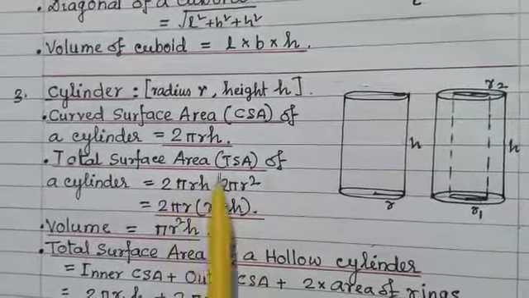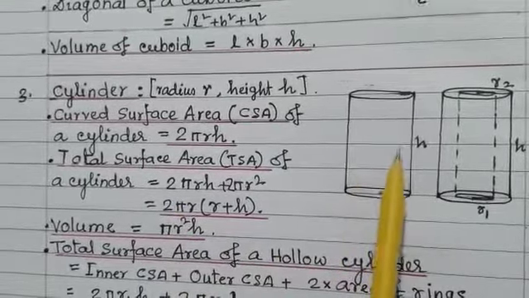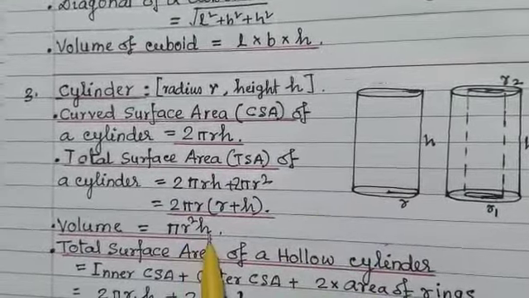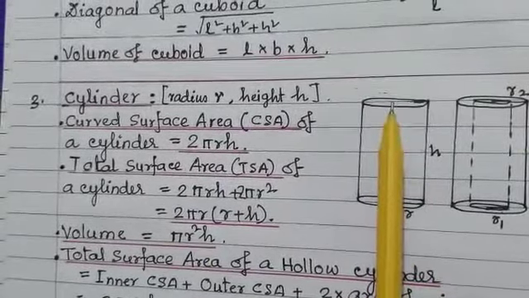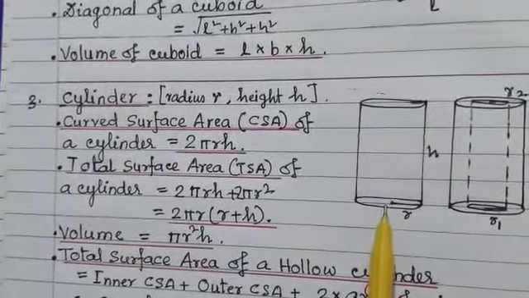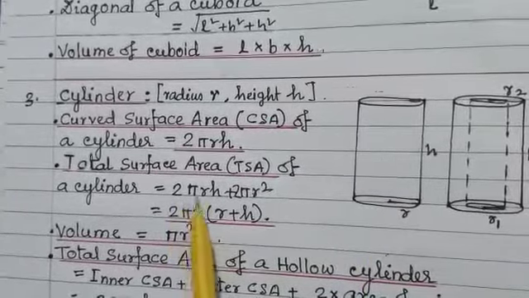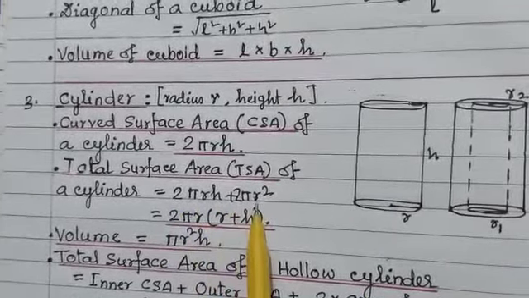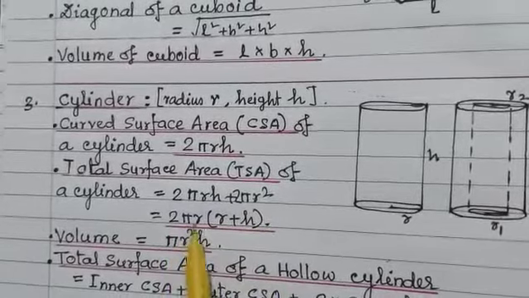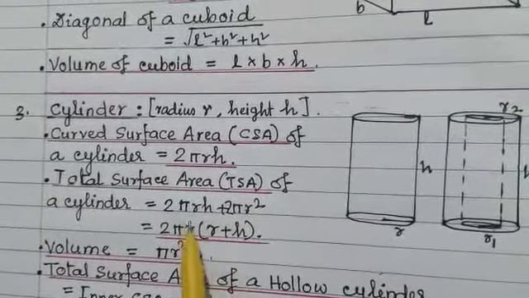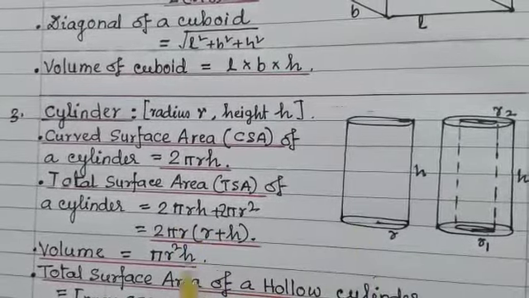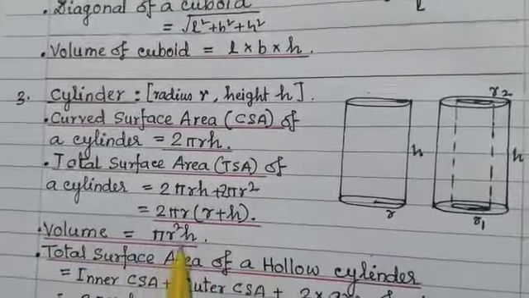Total surface area is curved surface area and area of top and bottom circular parts. So it is 2 pi rh plus 2 pi r square. If you take 2 pi r common, it is 2 pi r into r plus h. Okay, it is the TSA of the cylinder.